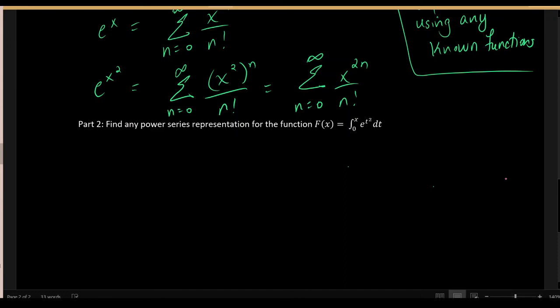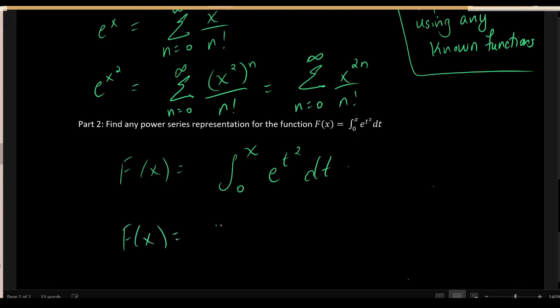So what I'm going to do is I'm going to say this function, which is equal to the integral from 0 to x of e to the t squared dt, can be found by taking the integral from 0 to x of this power series.